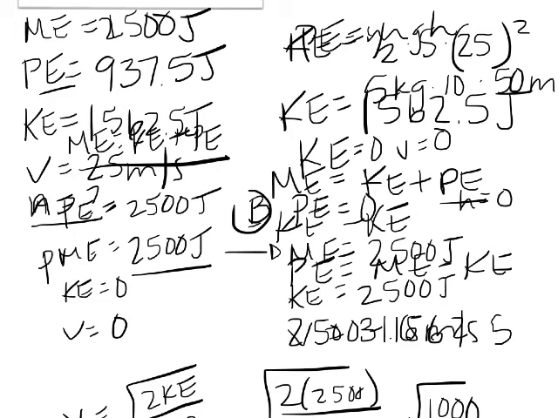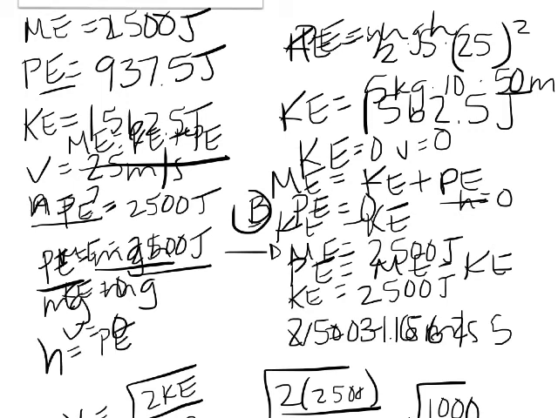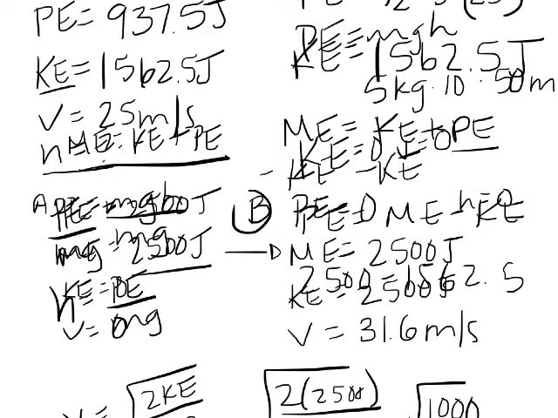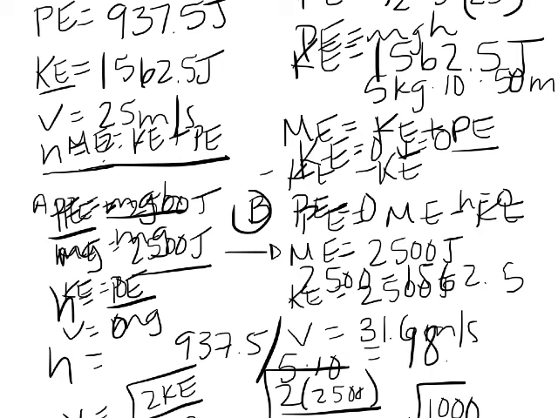Because we know PE equals mgh, and if we want to solve for h, we divide by mg. H equals PE divided by mg, which will look like 937.5 divided by 5 times 10, which is equal to 18.75 meters.